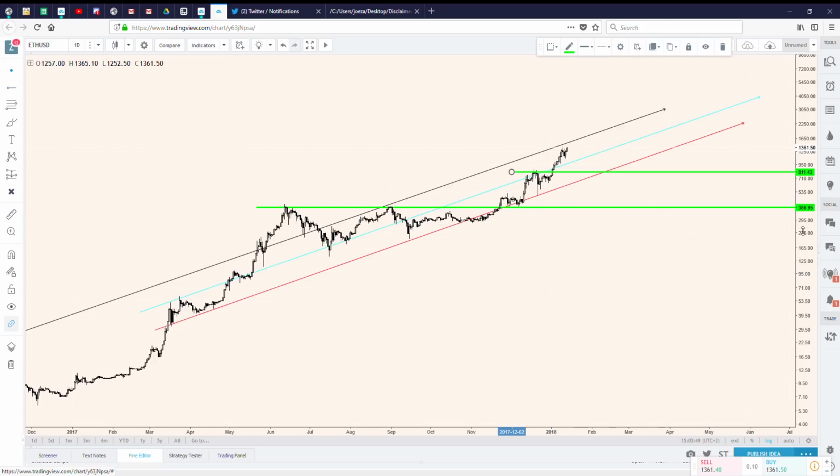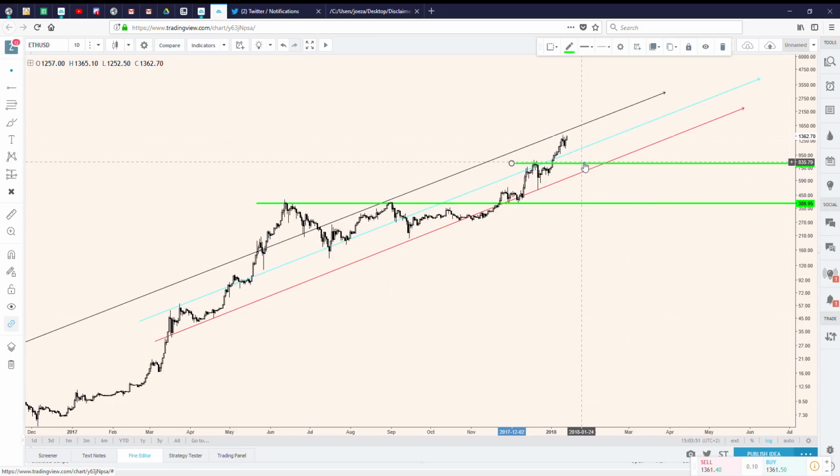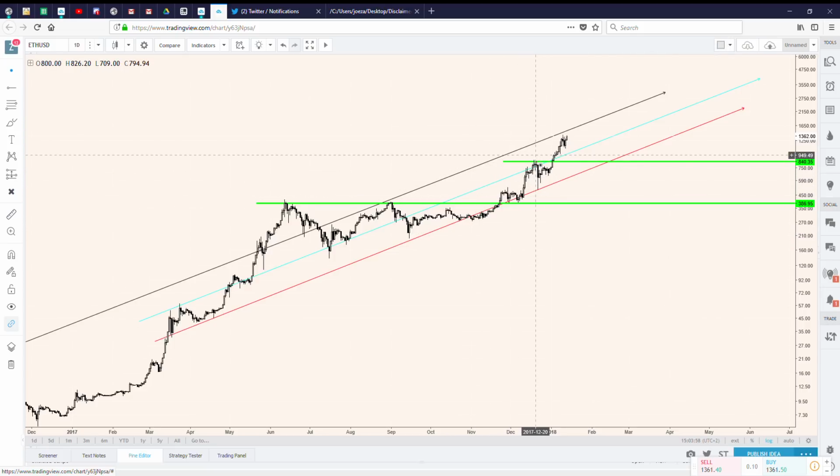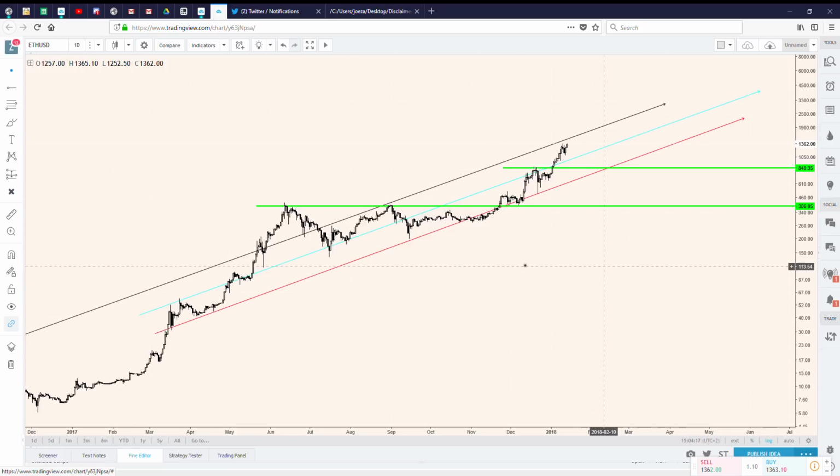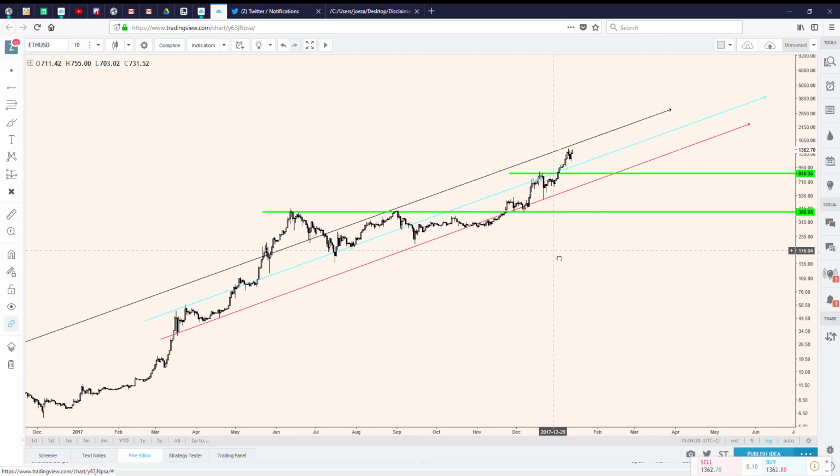The reason why I say that is we have come into it and it has shown that it was resistance. So the price came into that zone, it then printed another low, but it was higher than the previous low. So we're still in a bull run. It then broke through and retested this support, and then obviously broke up higher. So on the daily, that's probably about as much information as I like to see.